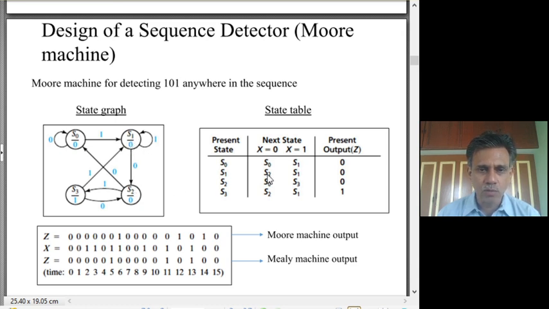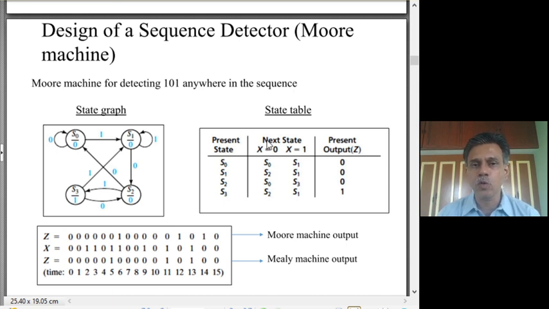For S2, for 0 you go to S0, for 1 you go to S3. In S3, for 0 you go to S2 and for 1 you go to S1. So this is the state table.